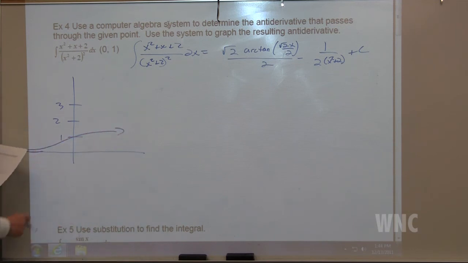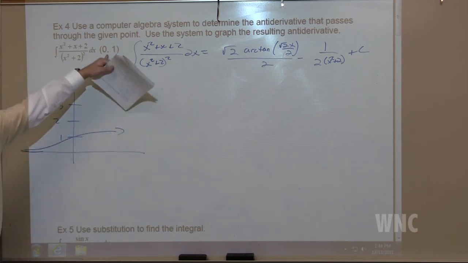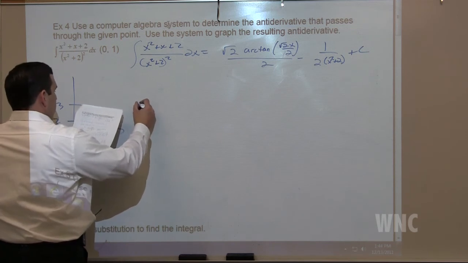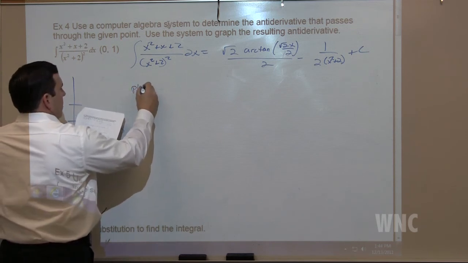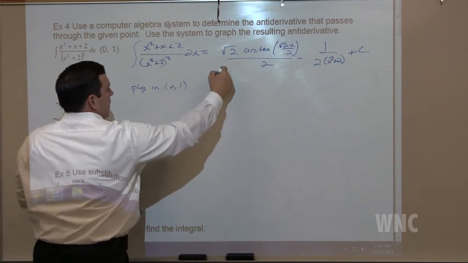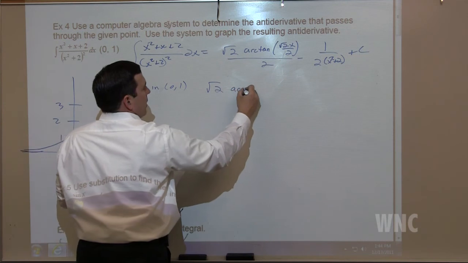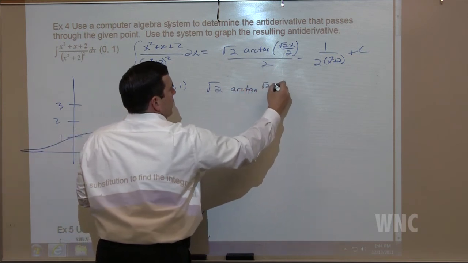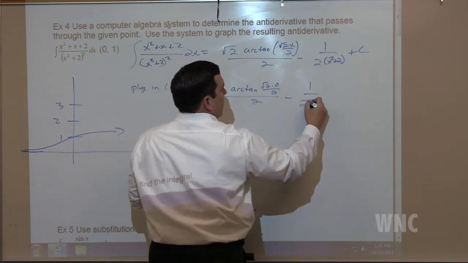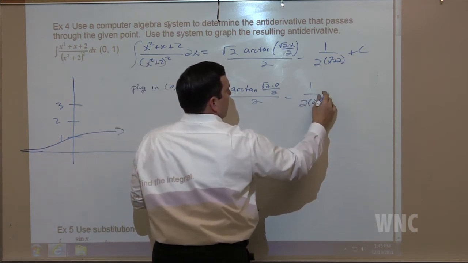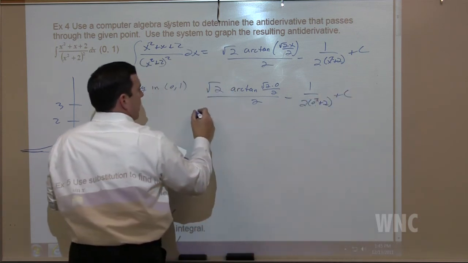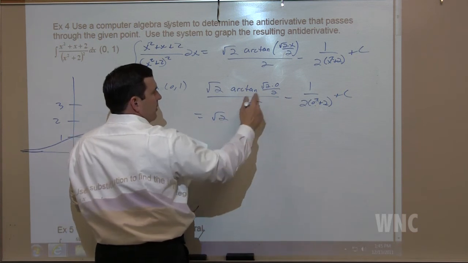Okay. Now that gives us a particular point. We know it goes through (0, 1). So if we plug in 0, 1, we have here square root of 2 arctangent of the square root of 2 times 0 over 2, all that over 2, minus 1 over 2 times (0 squared plus 2).